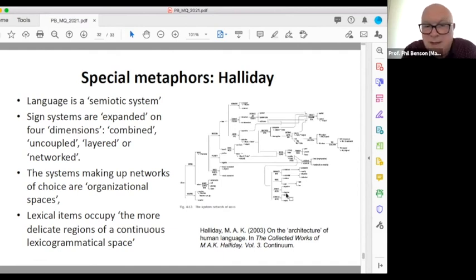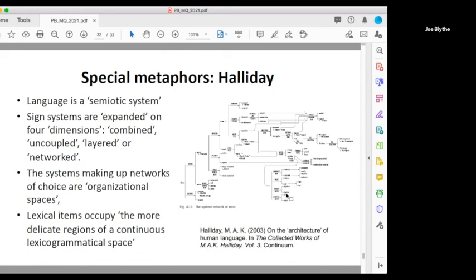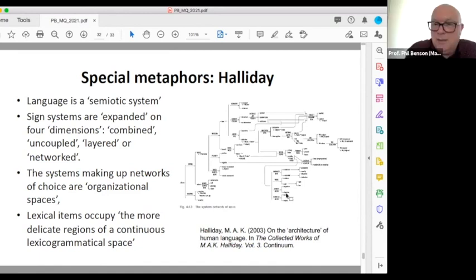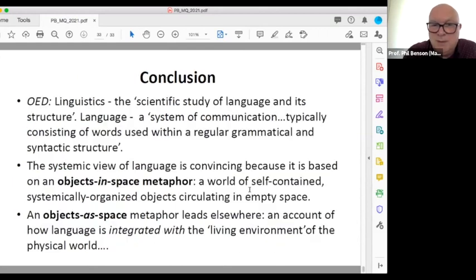And on the right-hand side, we know that Halliday was very fond of this kind of diagram to represent delicacy in language. So while he talked about connecting language with its environment, he was also very fond of creating these diagrams, which are pretty far removed from language in use in their semiotic form.